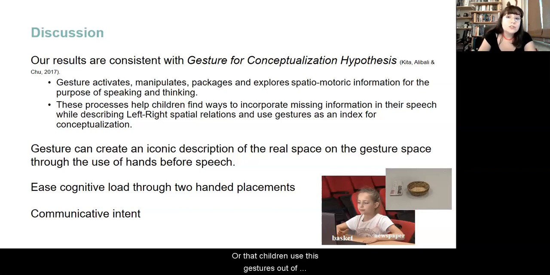Or that children use these gestures out of communicative intent, in which they might be expressing the spatial relation between the items through their hands, as they could not be informative in their speech. Yet, of course, our study was not set to disentangle these questions, but we believe these are very important questions for future research.